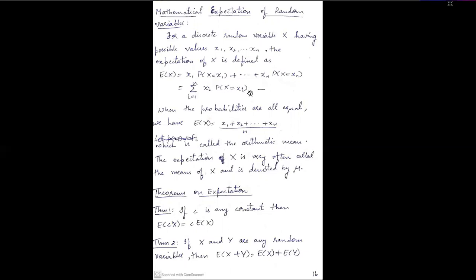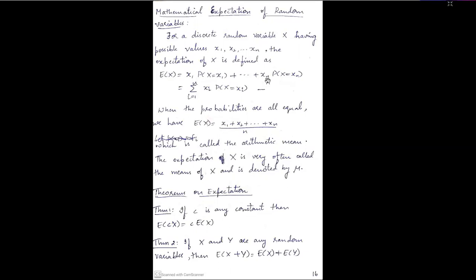Now, when the probabilities are all equal, then we have E(x) = (x1 + x2 + ... + xn) divided by n. That means when the probabilities are all equal, these values will be 1 by n, 1 by n and so on.